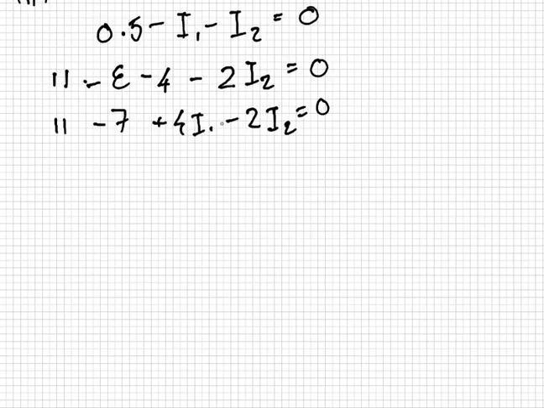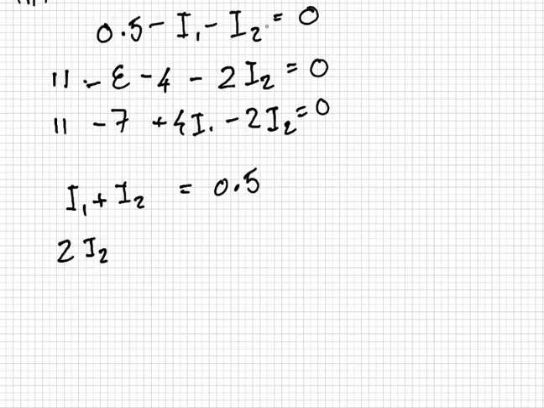Now, I just want to clean these up before I solve them. I1 plus I2 equals 0.5. And then here, any I1s? 4I1. No, for the next one, there's no I1s. So it's just 2I2.